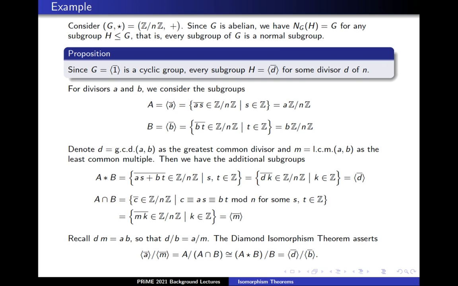So we can rewrite this as D over B equals A over M. The diamond isomorphism theorem asserts that A mod A intersect B, which we can write as the subgroup generated by A bar mod the subgroup generated by M bar, is isomorphic to A star B mod B, which we can write as the subgroup generated by D bar modulo the subgroup generated by B bar.